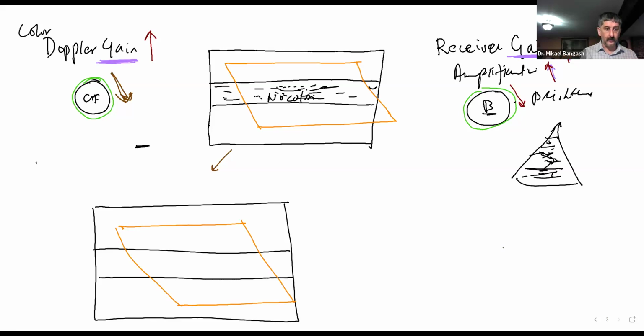All dependent upon blood flow, in relation to whether we have a positive Doppler shift or a negative Doppler shift.